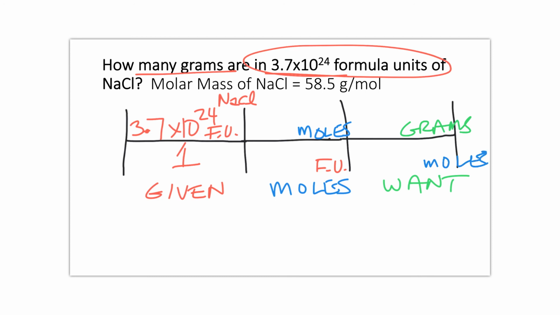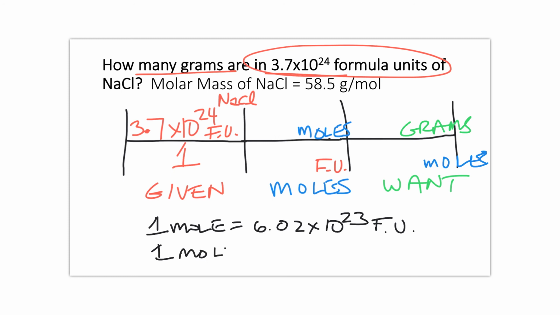So now we just have to figure out, we're going to use both of those conversion equations. 1 mole equals 6.02 times 10 to the 23rd formula units. And then 1 mole also equals the molar mass. I gave you the molar mass right here.